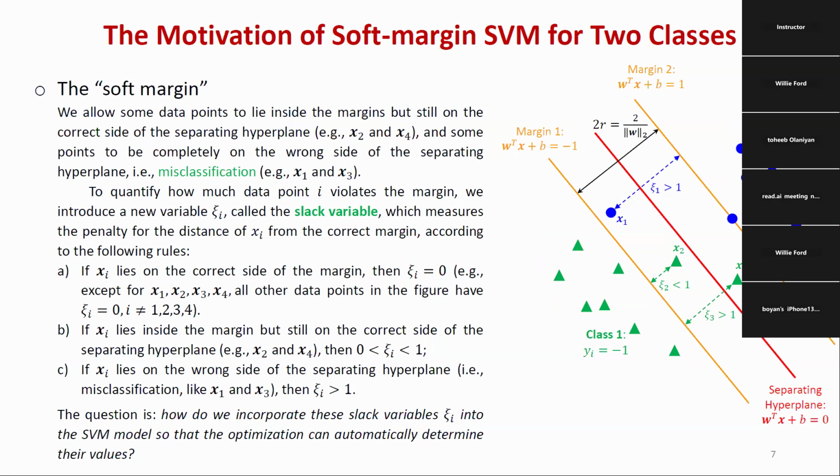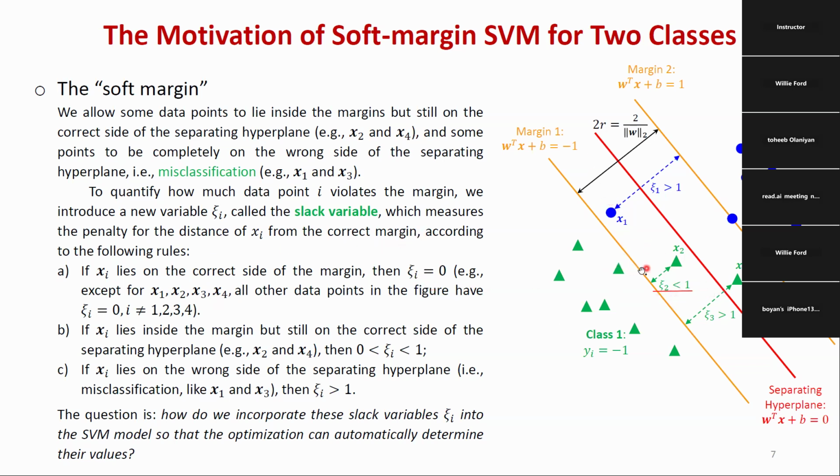Then for those points, for example x2 and x4, if they lie inside the margin but still on the correct side of the separating hyperplane, I want the corresponding slack variables, ξ2 here and ξ4 here, to be greater than 0.